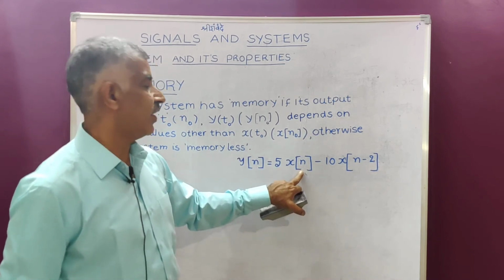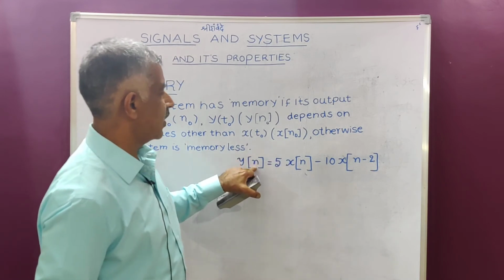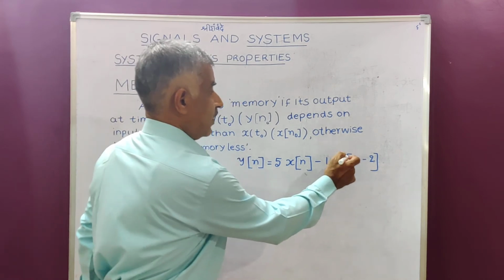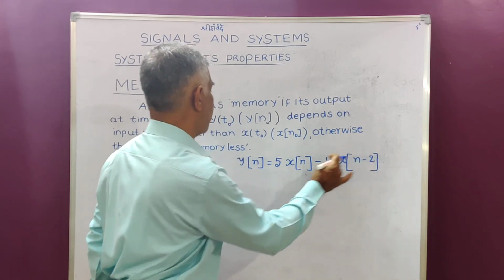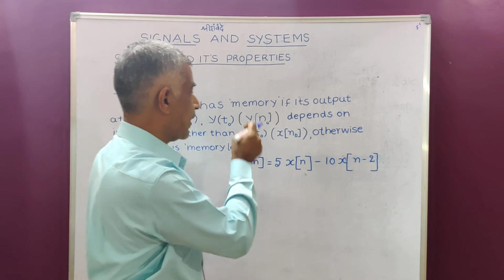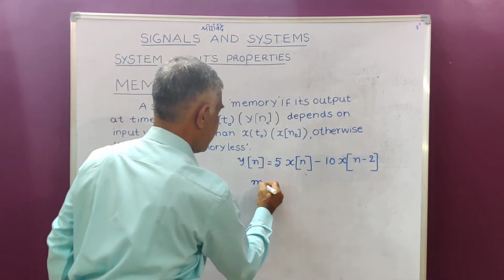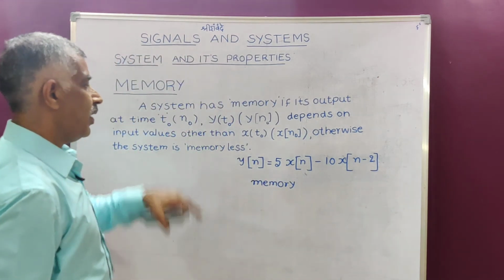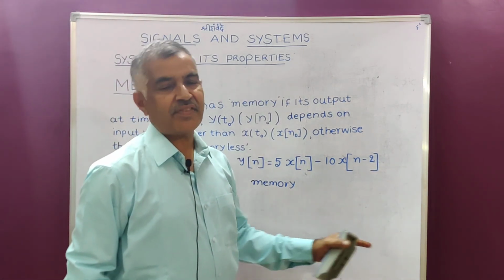One is x of n, which has the same index as y of n. But the second one is x of n minus 2. This one is different, an input value other than n. That is why the system is said to be memory. This is what is known as the memory or memoryless property.